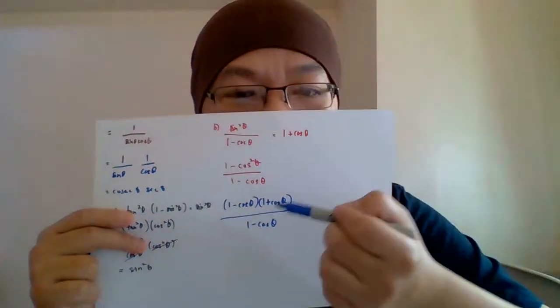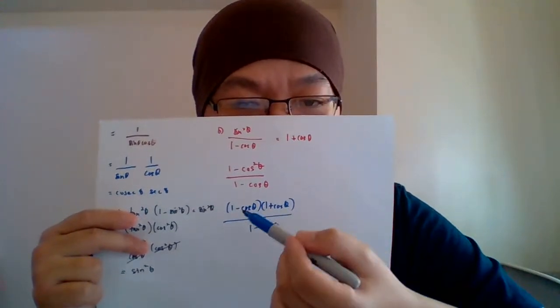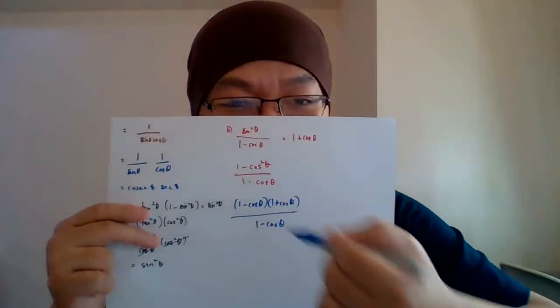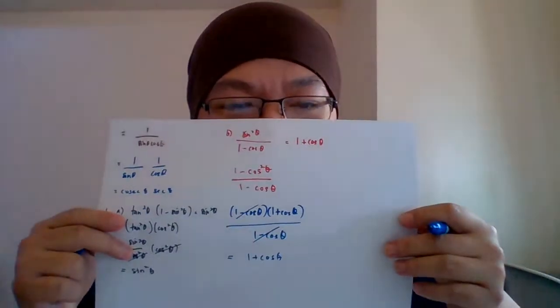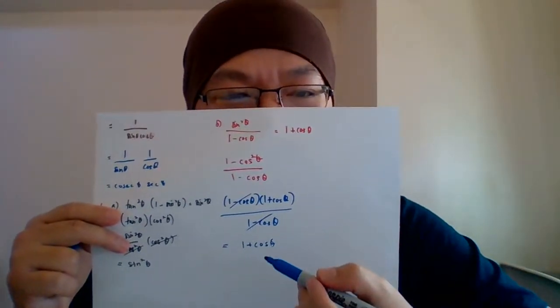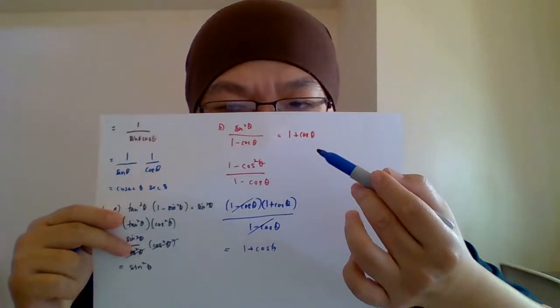Yeah, 1 minus cos theta and 1 minus cos theta, they are the same thing. They can cancel, just cross them out. So what is left? 1 plus cos theta. See, we proved it already. The final answer in blue equals the red. Okay, settled. Hopefully you guys all understand.